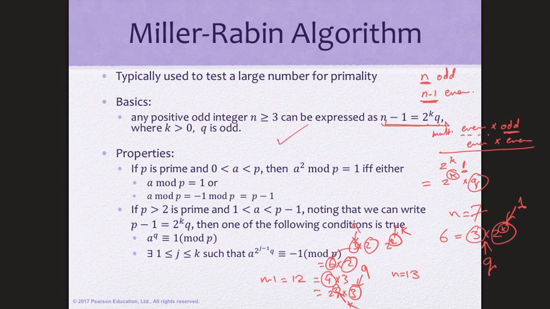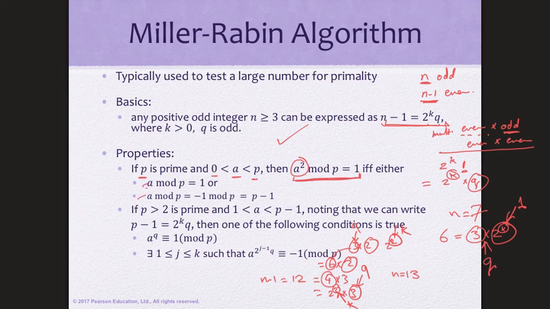The other important property is, if you select a prime number p, and then you select an integer a, which is smaller than that prime number, but positive, so it's greater than 0. And if you square that a, and you find it equal to 1 mod p, then one of these two conditions must be true.